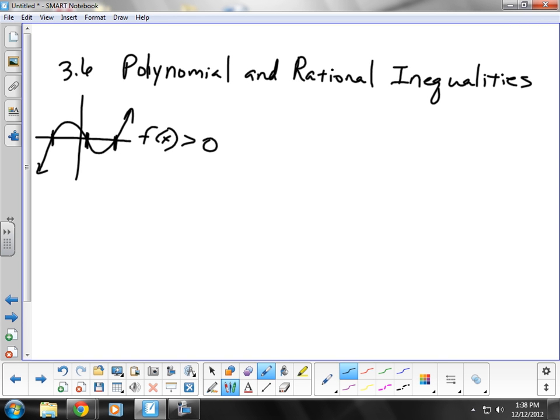So the idea here is that when we're given an inequality, whether it's rational or a polynomial, we need it to be less than or greater than 0. And if we use that technique, then you can either look at a graph, or I will show you the boundary process where we look at these zeros, these places where it actually is equal to 0, as our boundaries, and we can look at those regions.